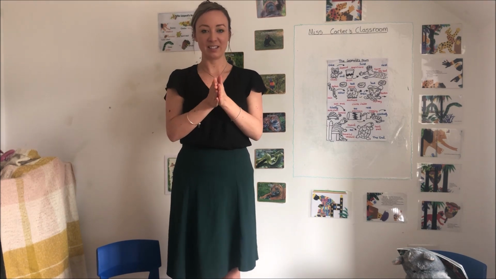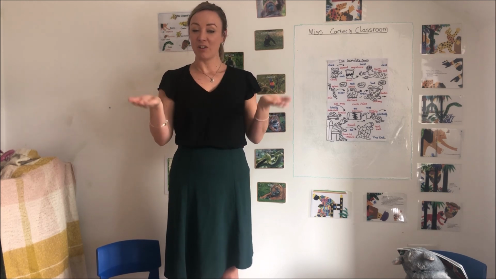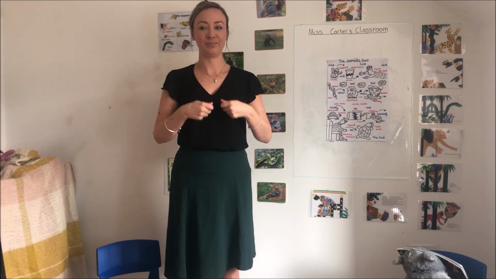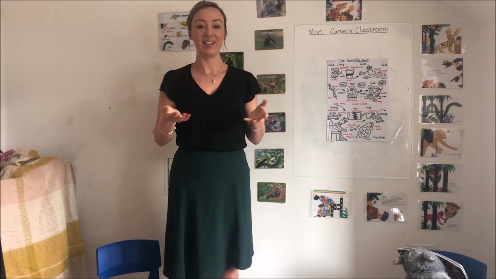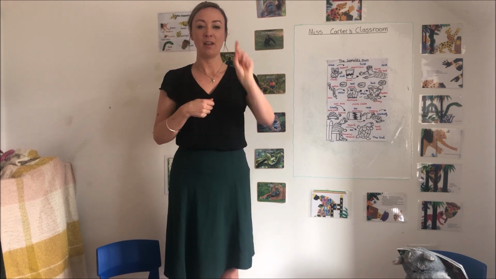So we start with our hands together and we start by saying, the title of our story is The Leopard's Drum. One day there was a leopard who had a drum.